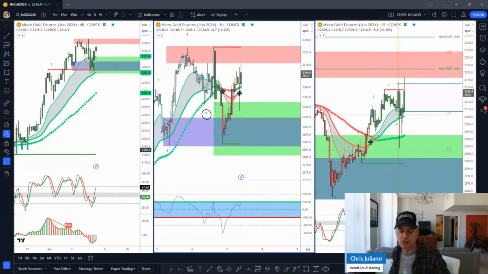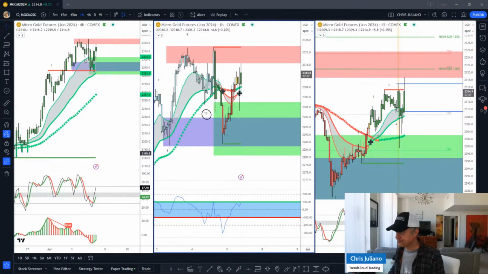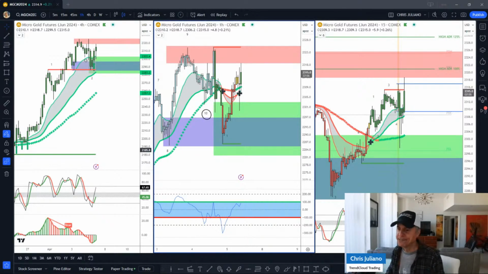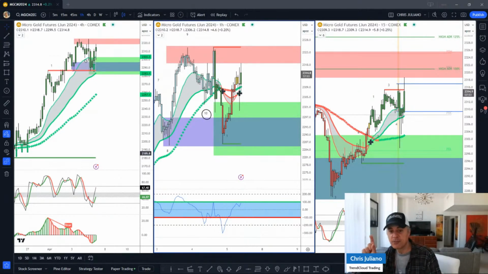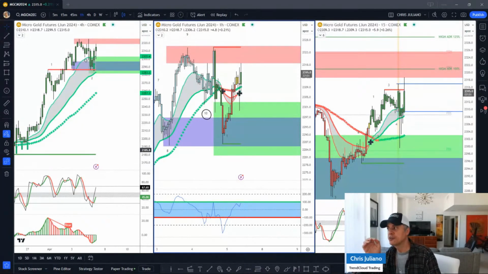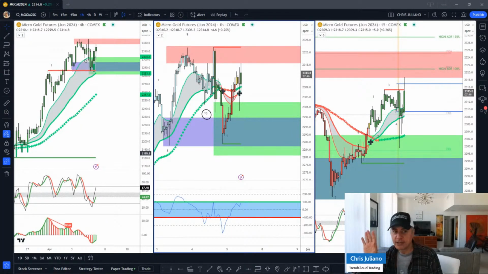It's all within the range, right? 2 to 1. When you've got trend and momentum on your side, when you line it up on TrendCloud, the win rate is very high. So why not take advantage of that, at least with one contract, right?